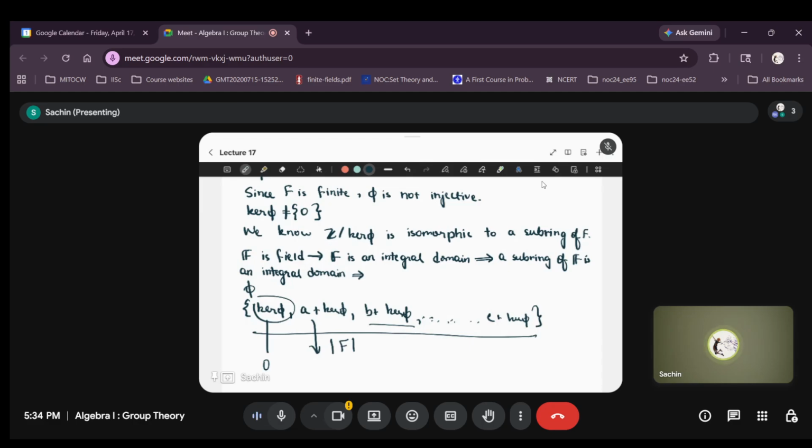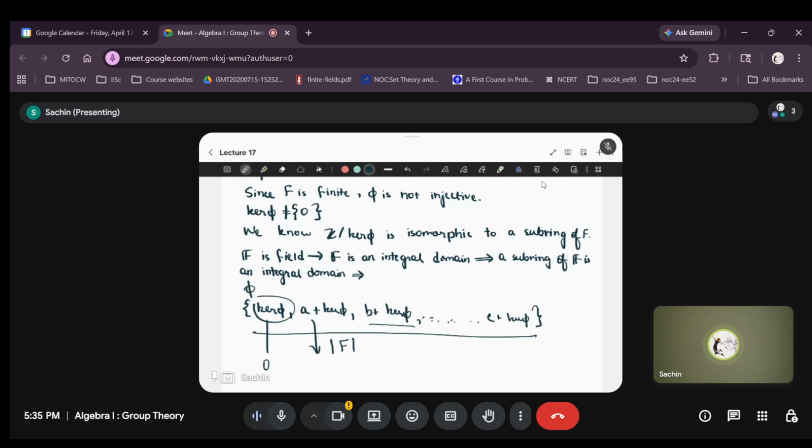That is clear, right? Because of the special property of the kernel phi, this doesn't happen with any random set. You can't take Z mod some random subset of Z and do this. This only works for kernel phi. Then this kernel phi goes to 0.